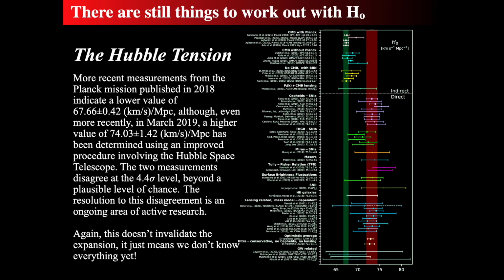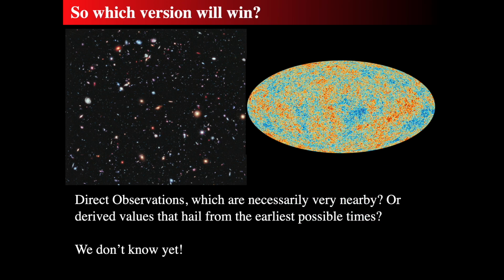So what we're looking at is, importantly, two different tensions, this tension that is currently active research. However, just because there is this tension, it does not invalidate the expansion. The expansion does exist. It just means we don't know everything yet. That's all it means.